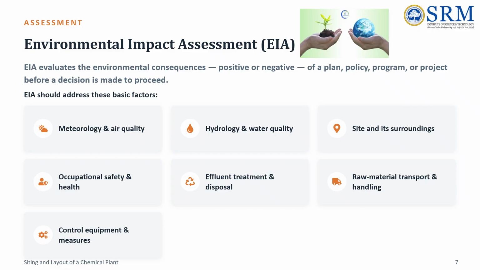EIA studies various factors such as meteorology and air quality, water quality and hydrology, site characteristics and surroundings, occupational safety and health, effluent treatment methods, transportation and handling of raw materials, and pollution control equipment. The major objective of EIA is to ensure that environmental concerns are considered before approving any industrial project.